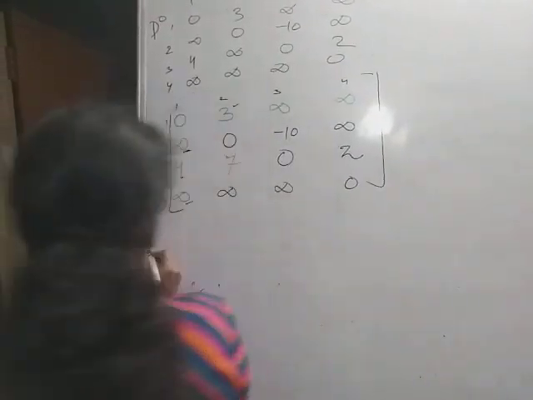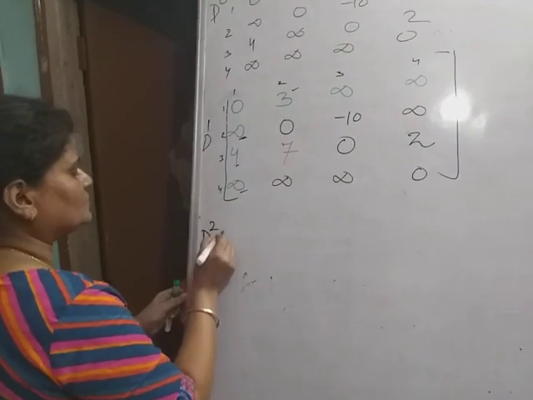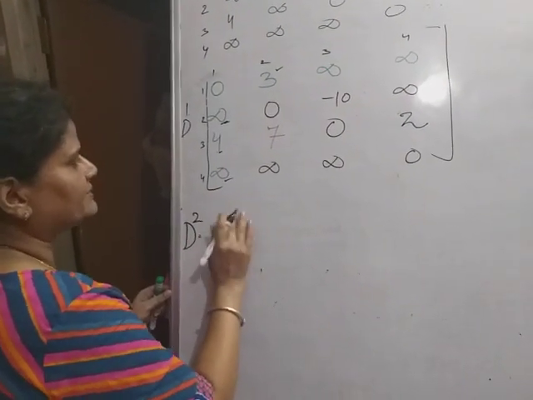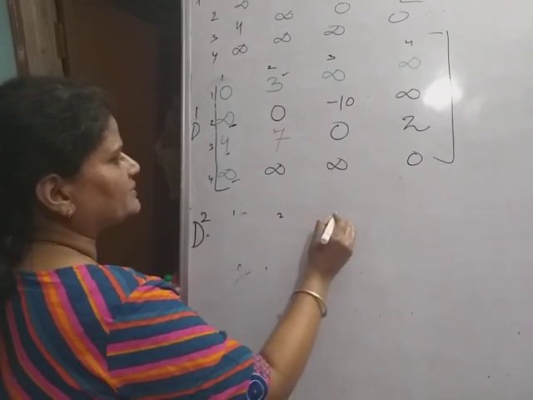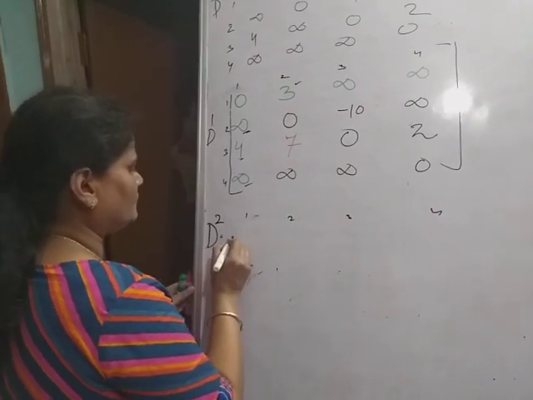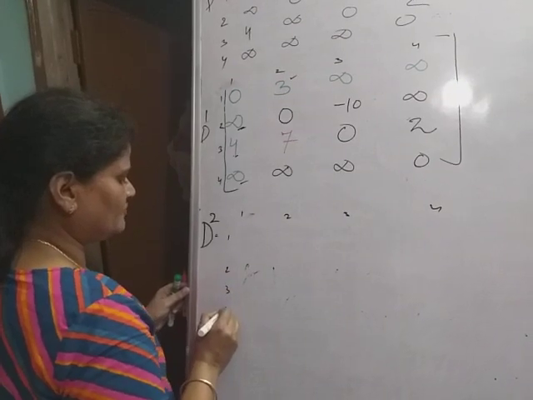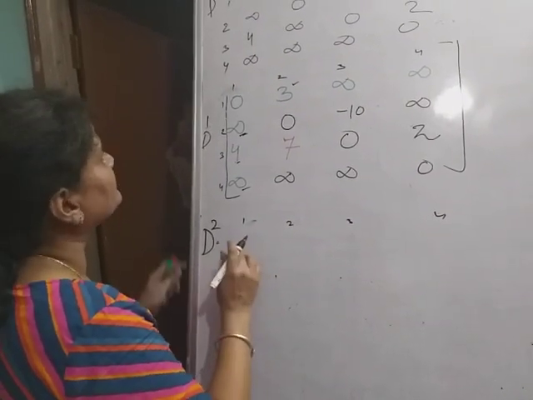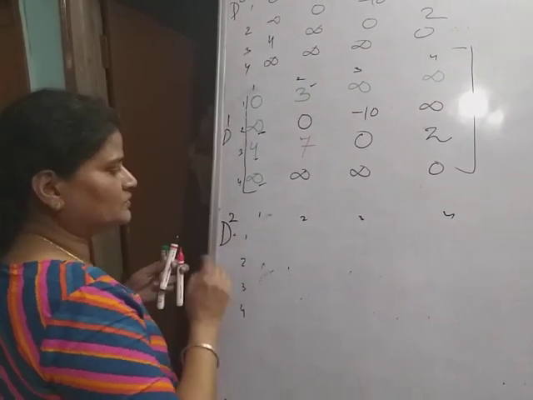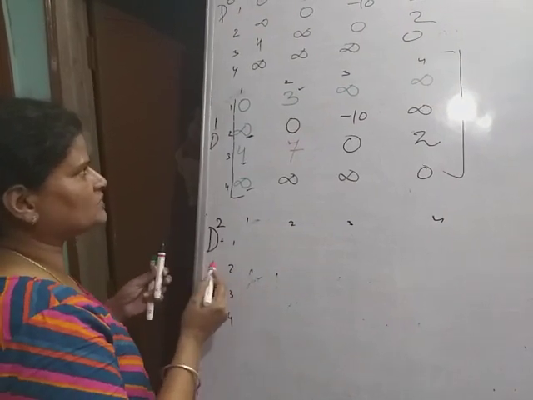D2. Okay, so D2. Here 1, 1 to 1. So in D2, the second row and second column are not going to change.